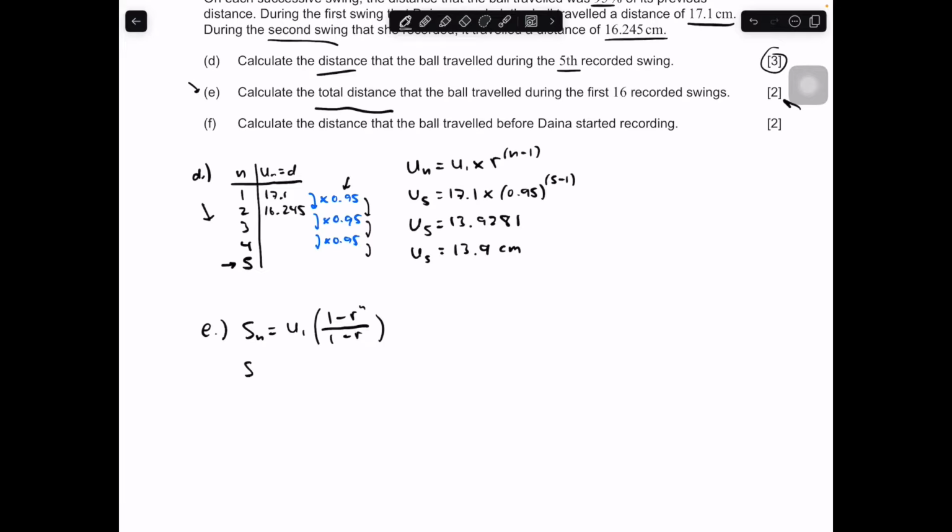Sn, we want to find the sum of the first 16 terms, and it's equal to u1, the value of that first term, 17.1, times 1 minus our common ratio 0.95, raised to the power of n, and n in this case is 16. Remember, these are going to be the same. Over 1 minus 0.95.